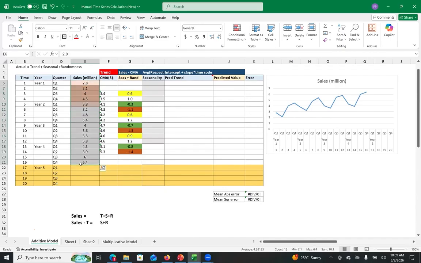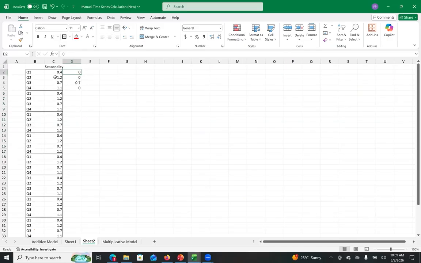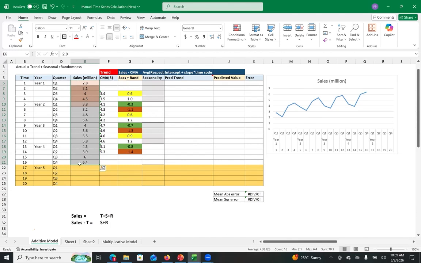What do you think, Bharti? No, the values are not repeating here. So when I say the values will repeat itself, the set of values that we have has three components: a trend component, a seasonality component, and a random component.